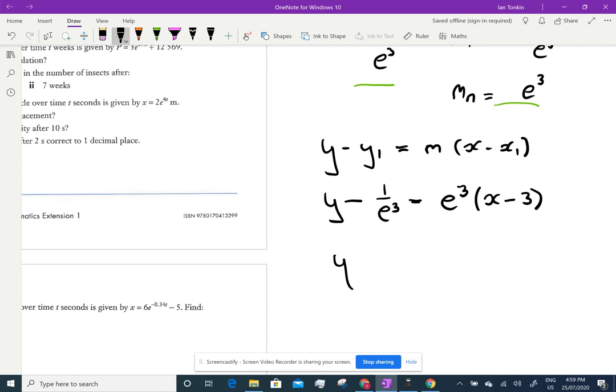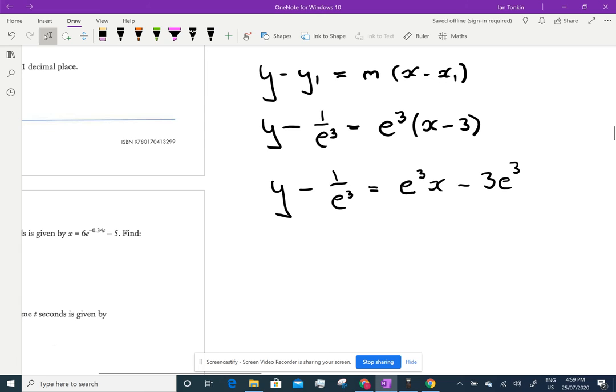So that's y minus 1 on e to the 3 equals e to the 3 x minus 3 e to the 3.